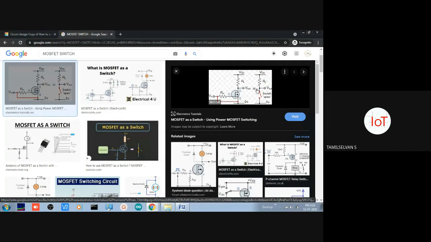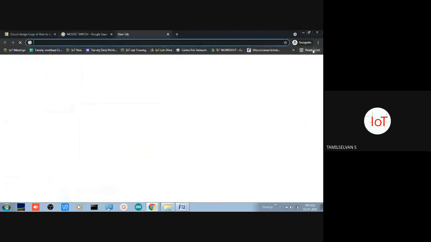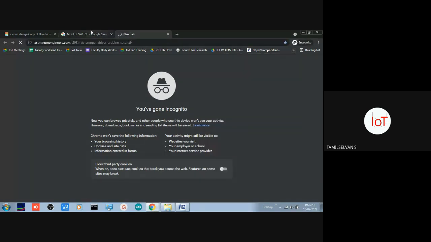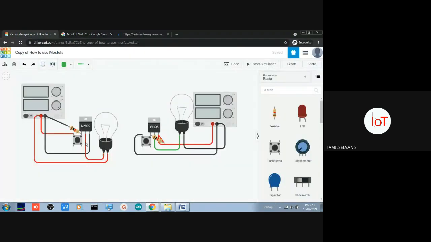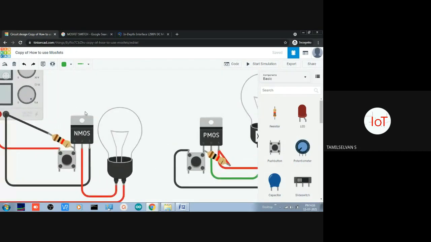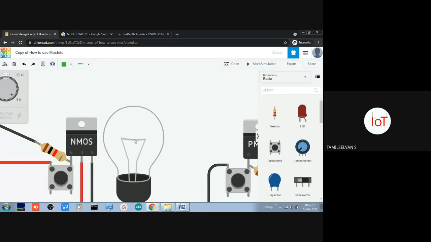So this is how a typical diagram will look. Okay, our circuit is ready. Here we can see the MOSFET switch. If you scroll your mouse button, you are able to zoom in.